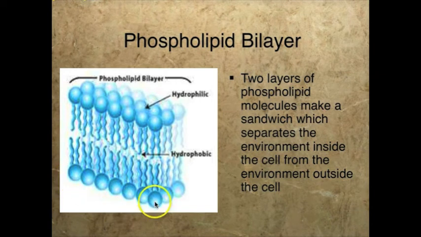These molecules line up in a double layer where the polar hydrophilic heads face the water and the hydrophobic nonpolar fatty acid tails face each other. These phospholipids actually create a molecular sandwich that separates the environment outside the cell from the environment inside the cell. In large numbers, they will automatically make this arrangement when they are in a predominantly water or aqueous environment.